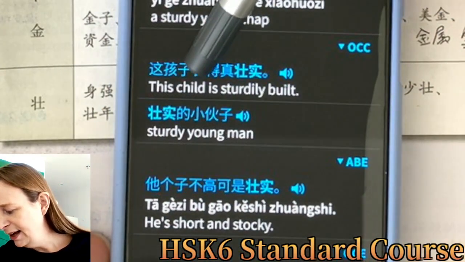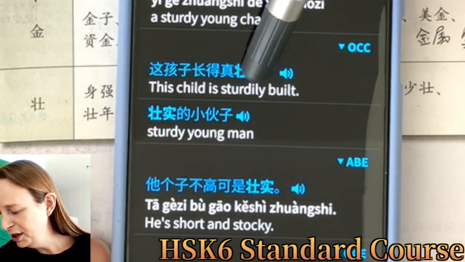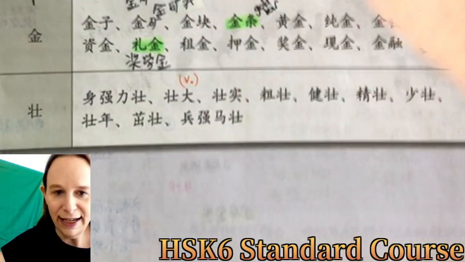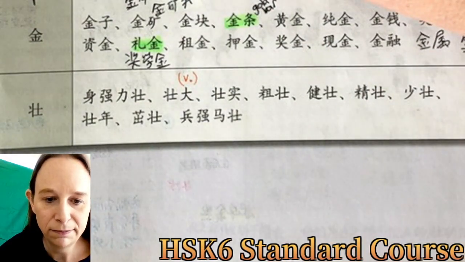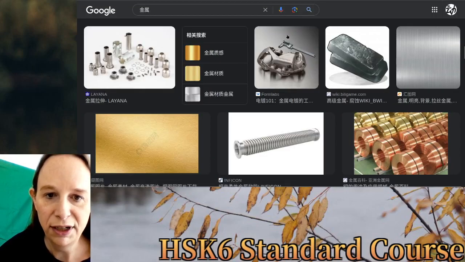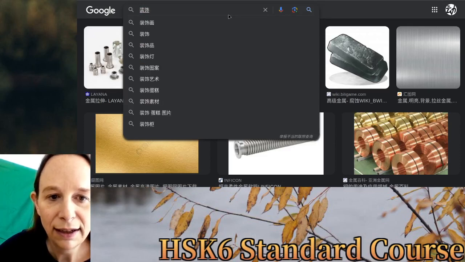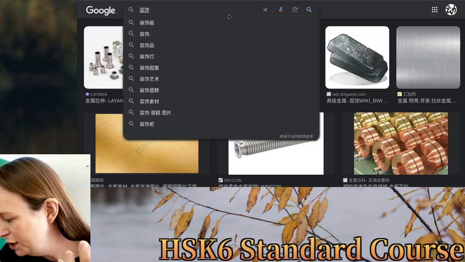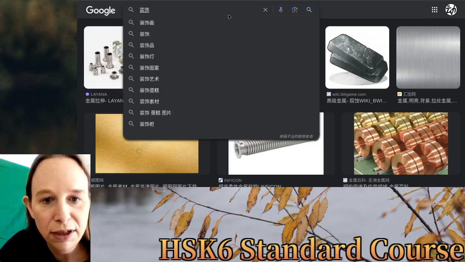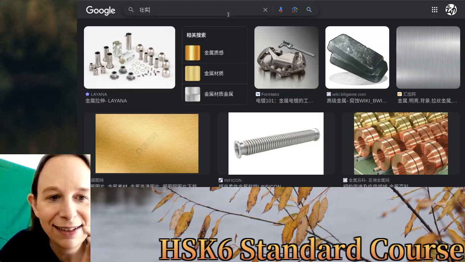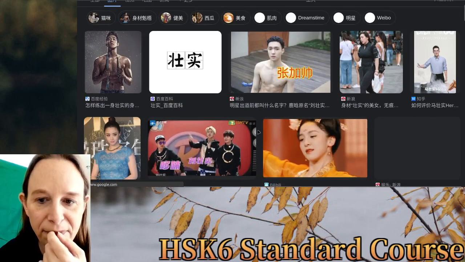这孩子长得真壮实, sturdy. So it looks like it describes people. 壮实. It's interesting. 壮实, not 壮实, 壮实, 壮实. 等一下, there's quite a few characters that are 壮实.